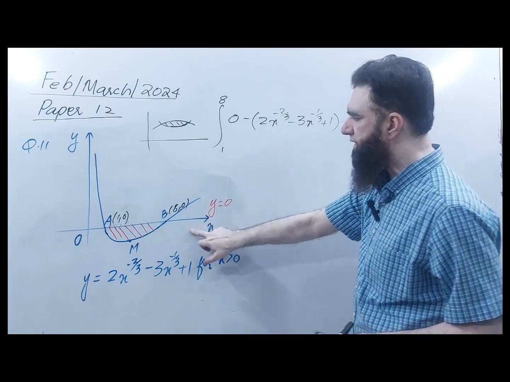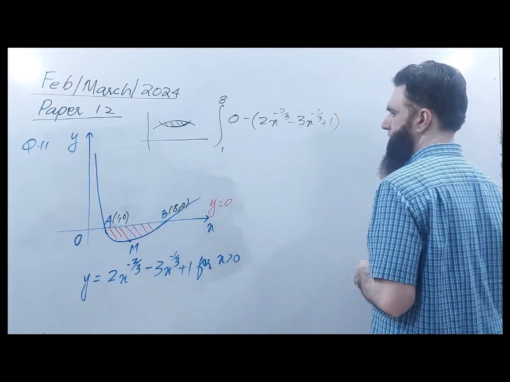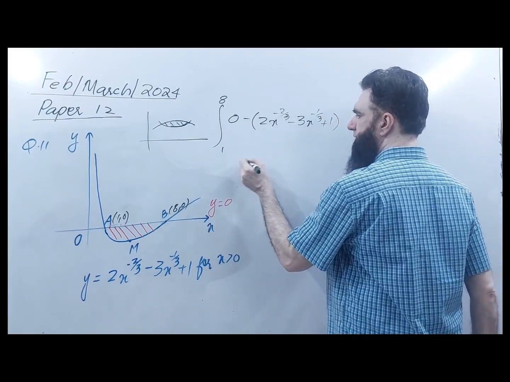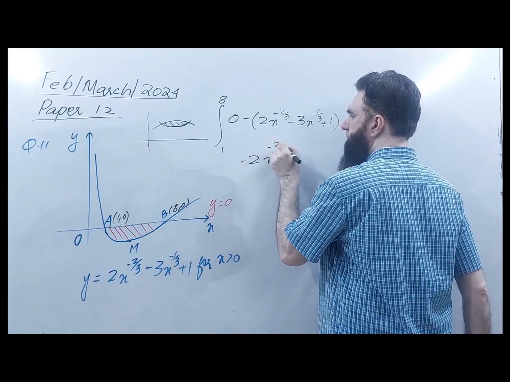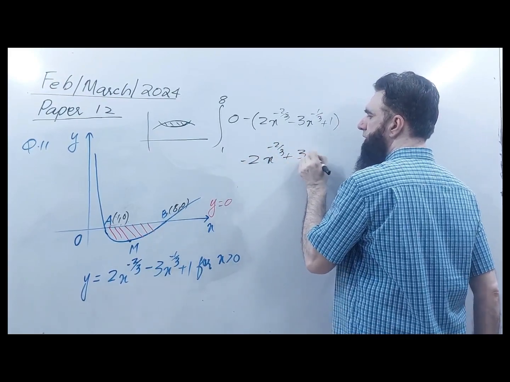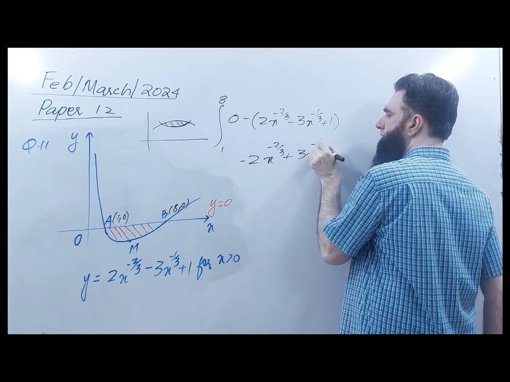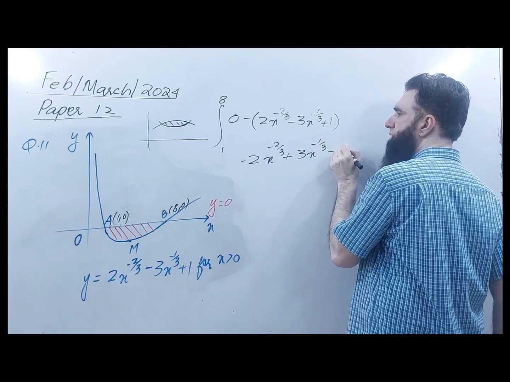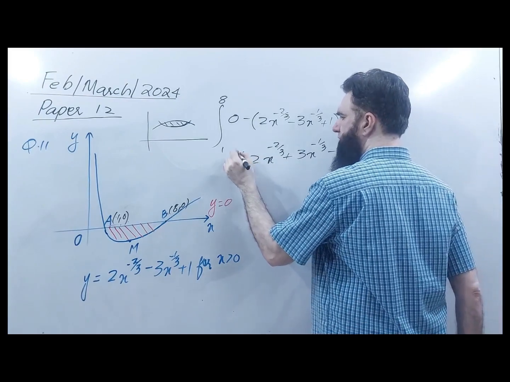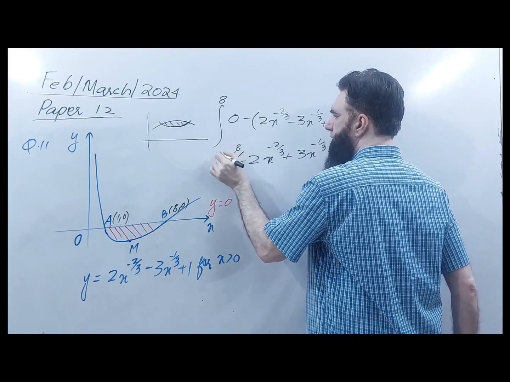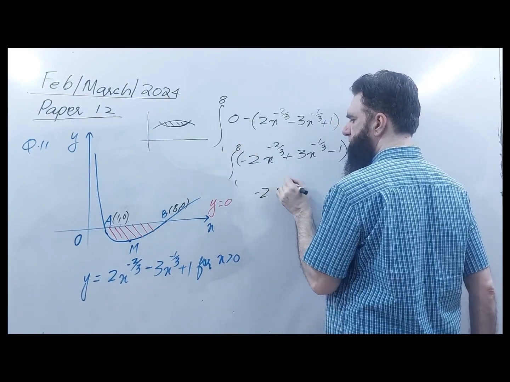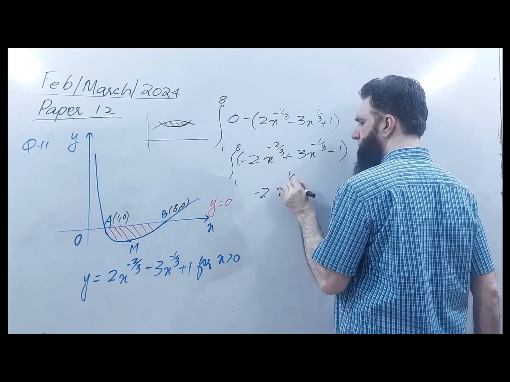So upper curve is the x-axis, which is y is equal to 0, and this is the lower curve. Now you subtract it, this becomes minus 2x power minus 2 by 3 plus 3x power minus 1 by 3 and minus 1. Now you integrate it from 1 to 8. So it becomes minus 2x power, if you add 1 in it, it becomes 1 by 3.